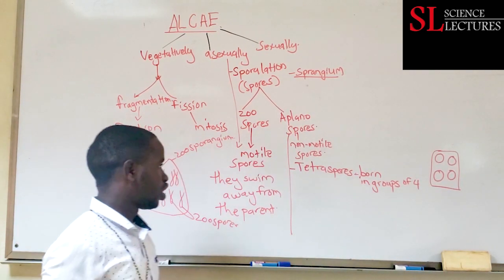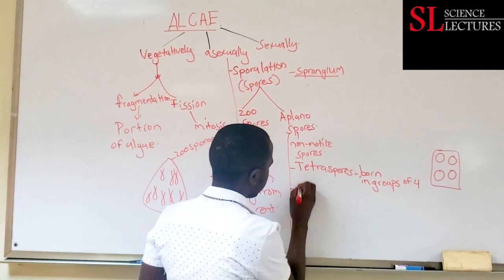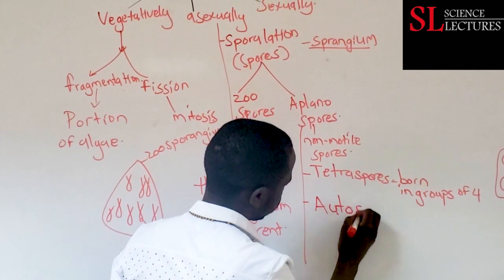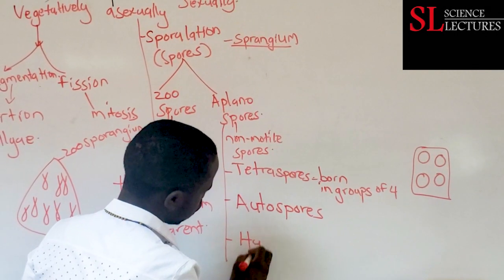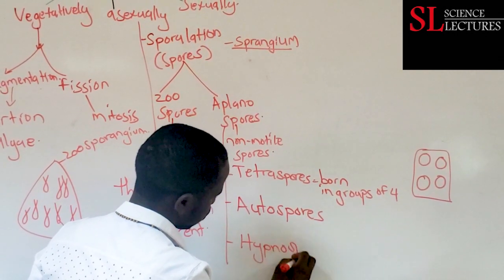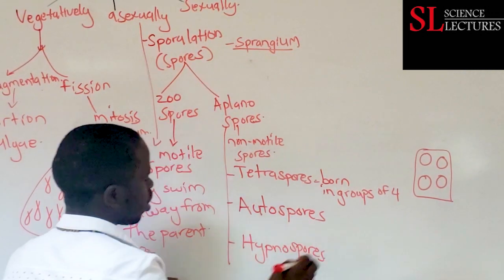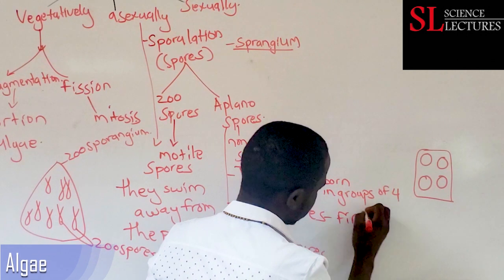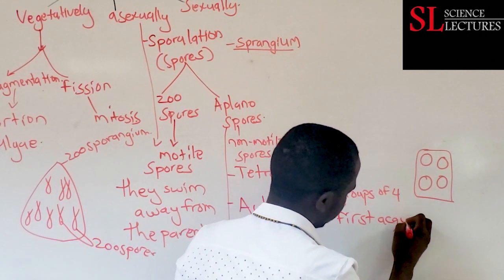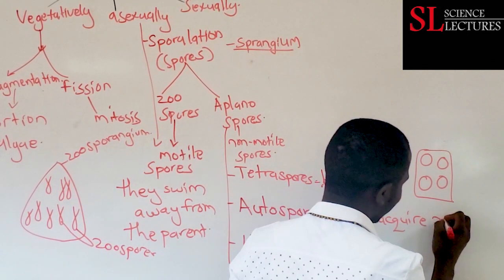Those are tetraspores. Number two, you have what they call the autospores. And we have what they call the hypnospores. So these autospores, for them, they first acquire parental characteristics.